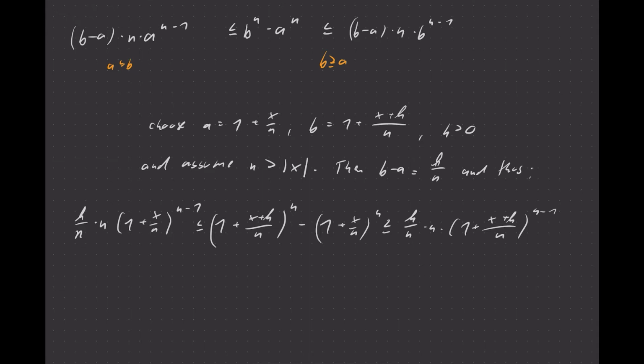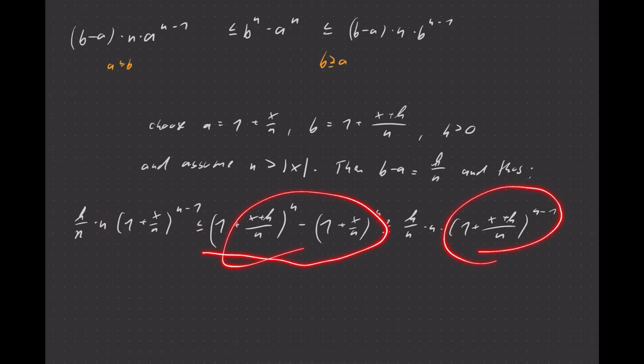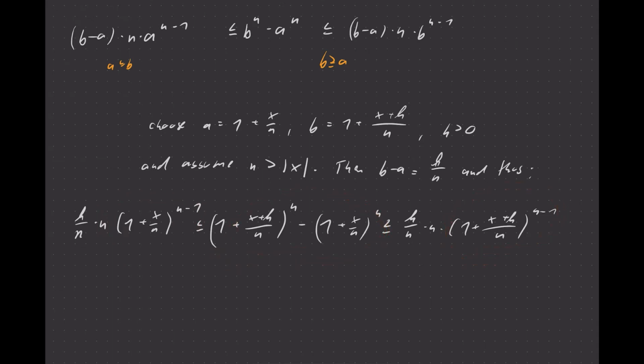And what we'd like to do now is, of course, take the limit as n approaches infinity, so that hopefully these expressions will have something to do with the exponential function, and these here as well. Of course, this is not exactly the limit that we need, right?